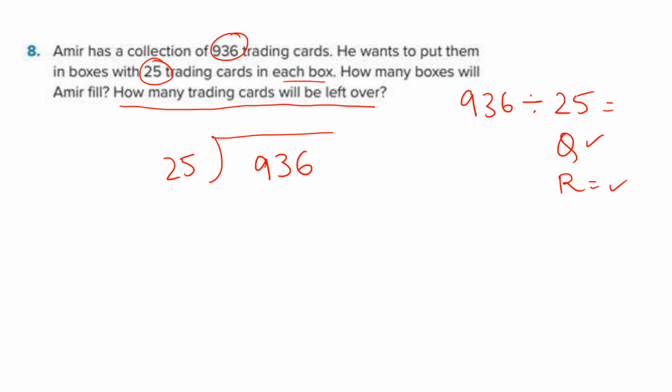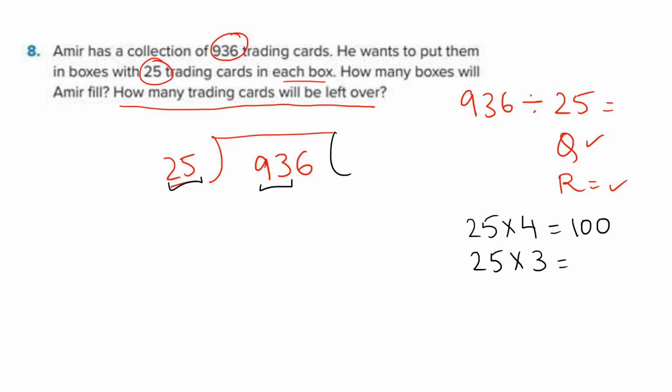So let's start dividing. There are two digits here, so I'm going to choose two digits here. Now how do I decide? See, 25, if I multiply it with 4, it's 100. It's a big number. I want less than 93. So therefore, I know I will choose number 3.